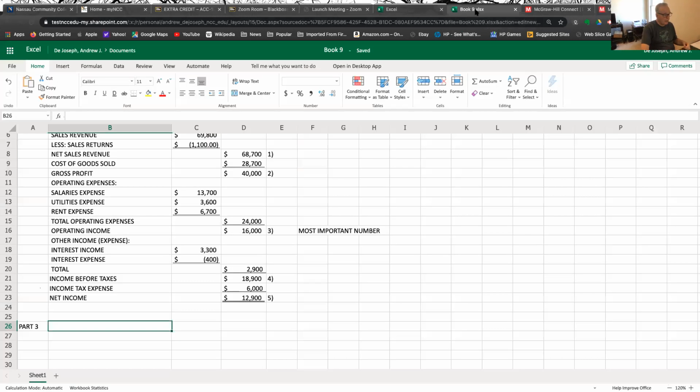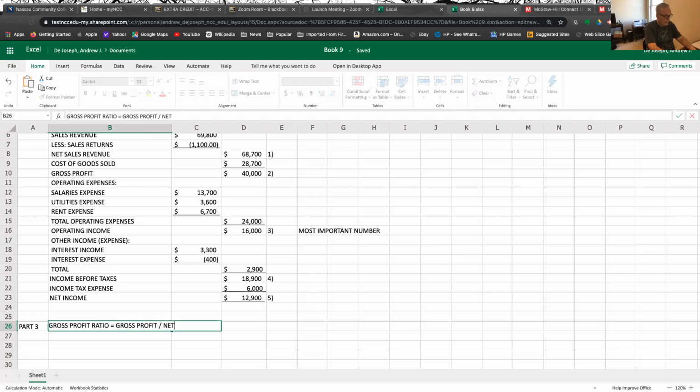So how do I calculate the gross profit ratio? Gross profit ratio is equal to gross profit divided by net sales.